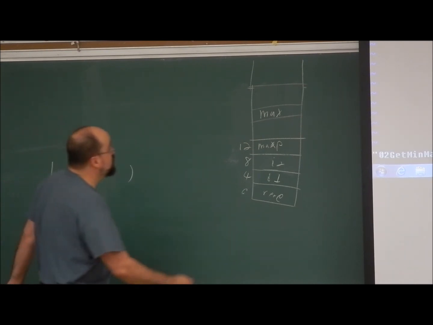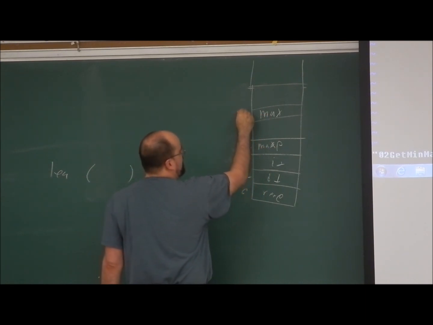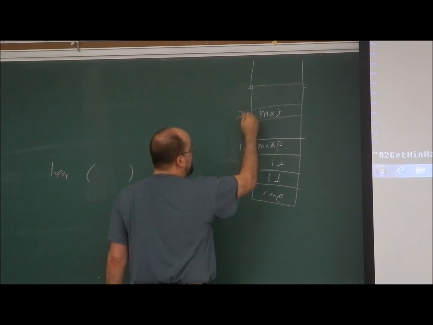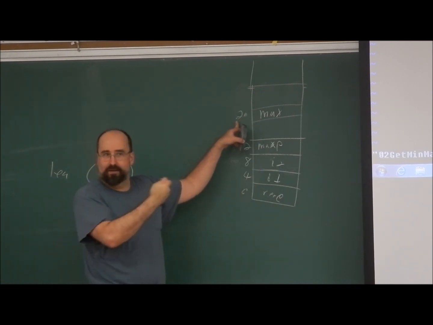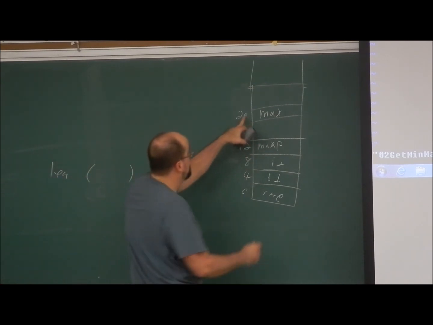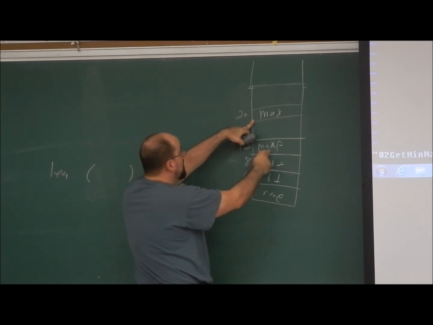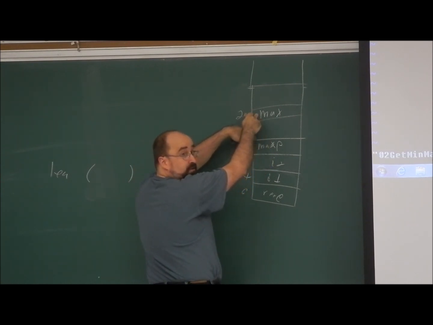So what we're going to do is pass him this address, which might be, for instance, maybe at 20 ESP. But we don't know that until somebody tells us, right? And we'll see them. So what's going to happen is, whatever this address is, the value of max will not be written here. This address will be written here, right?